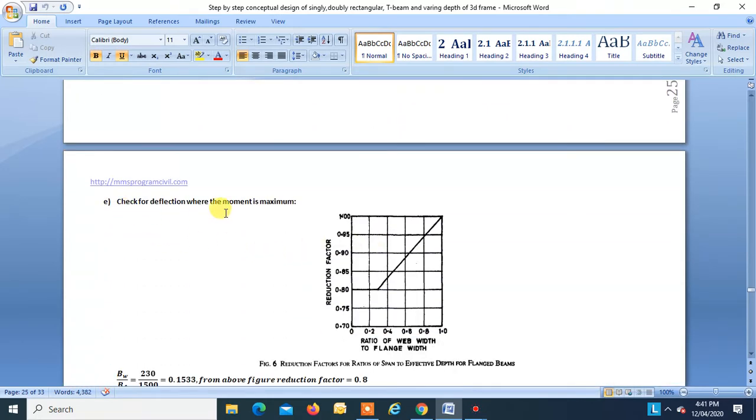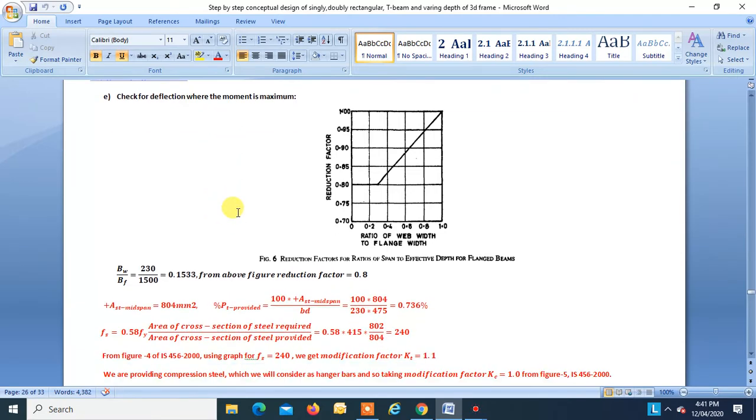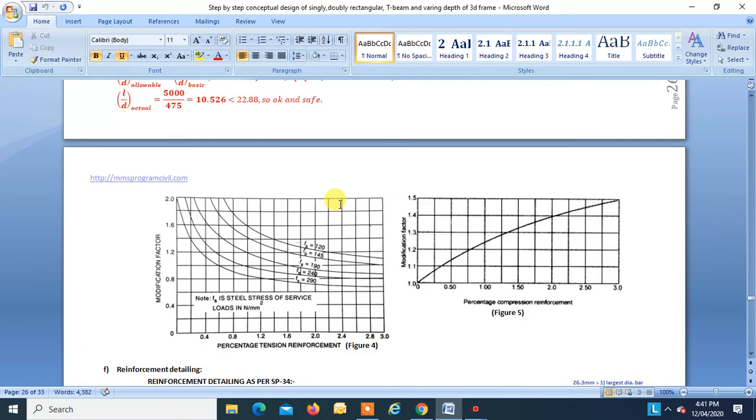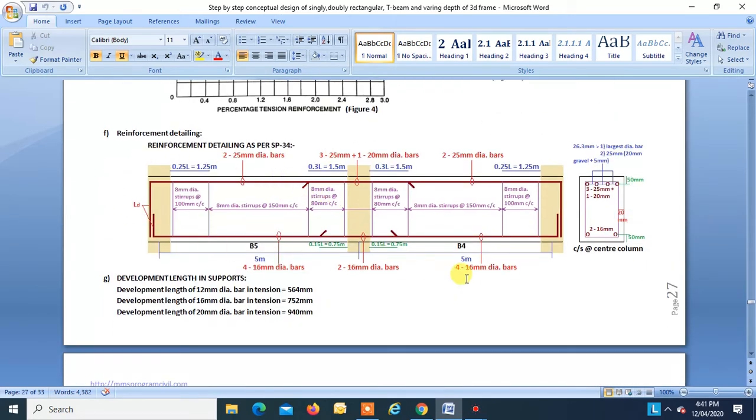Check for deflection where the moment is maximum. This is the figure given in the code. Let me first go to the detailing. The whole detailing remains the same. Only thing is, instead of 225 mm bar over here and over here, we are providing 4 number of 16 mm dia bar.